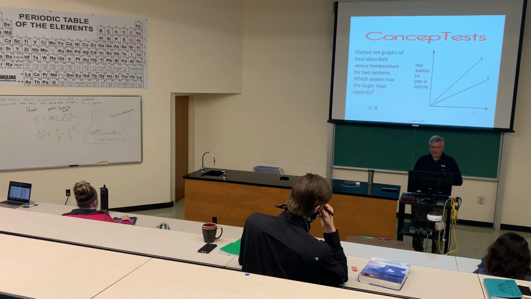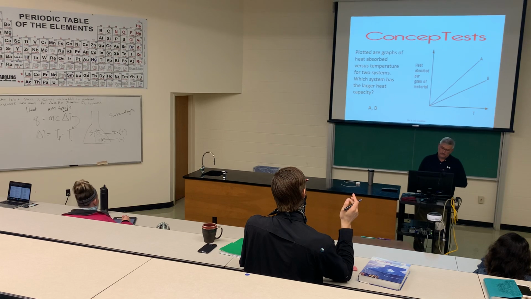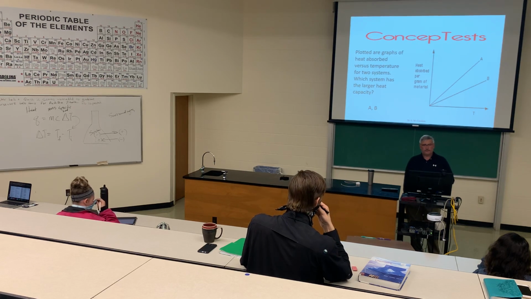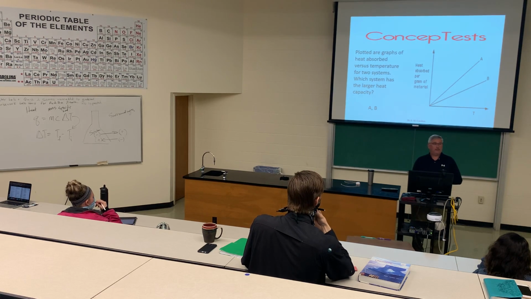I always have to rotate the graph. Which one has the highest temperature? B. So for the same amount of heat put in, the temperature changes more for B than A. So which one has the higher heat capacity?